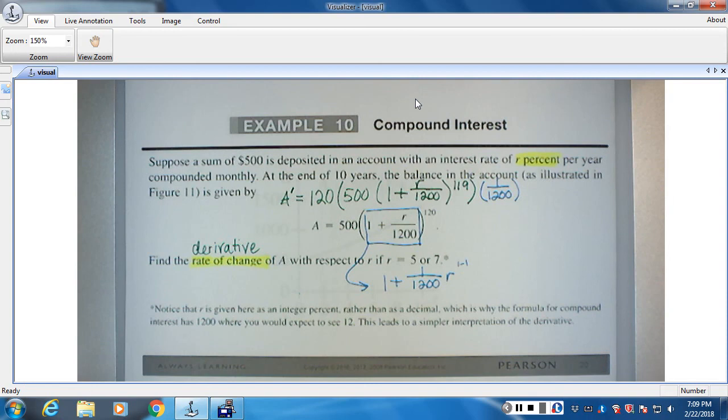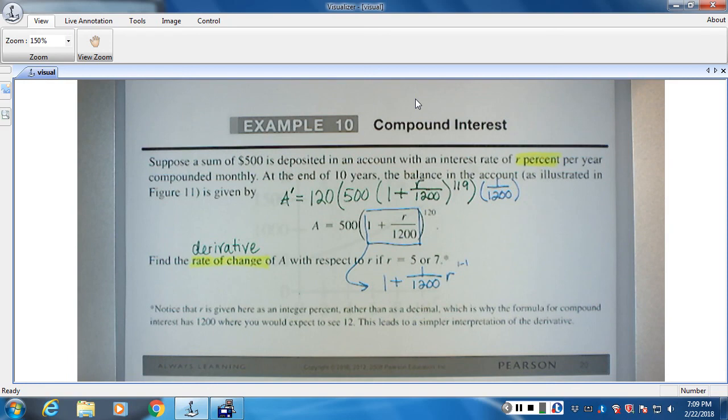The 120 down front was the power that was on the parentheses. The 500 was already there, so we just left it there. We took one away from the power on the parentheses and kept what was in them. Then we took the derivative of what was inside the parentheses, tacked it onto the end. That was the chain rule part.